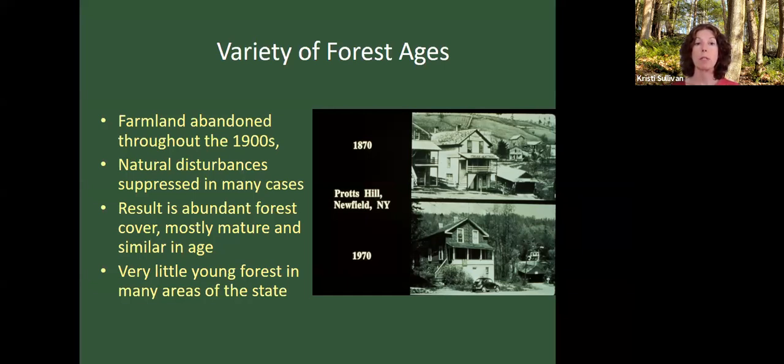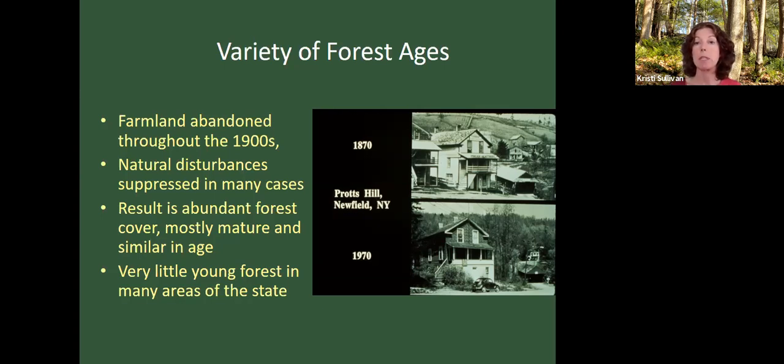And most of our forest cover is mature, or like full-grown adult trees. And most of our forest is similar in age because a lot of the trees started to grow when the agricultural areas were first abandoned in the late 1800s, early 1900s. So this slide depicts a picture from Tompkins County, New York.